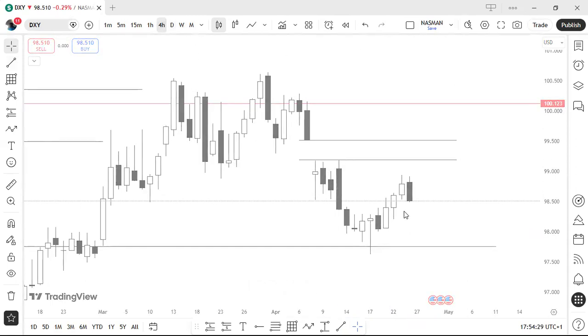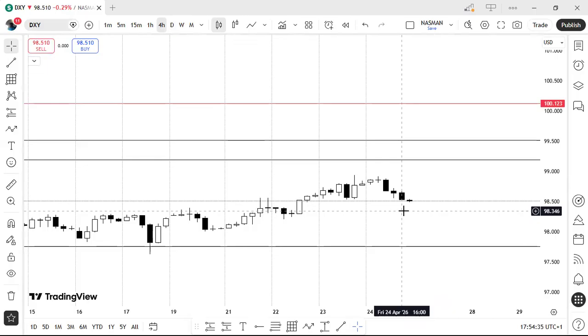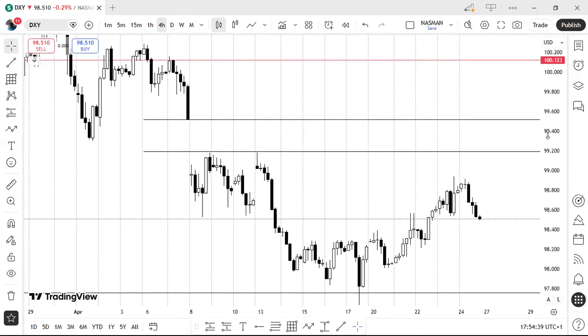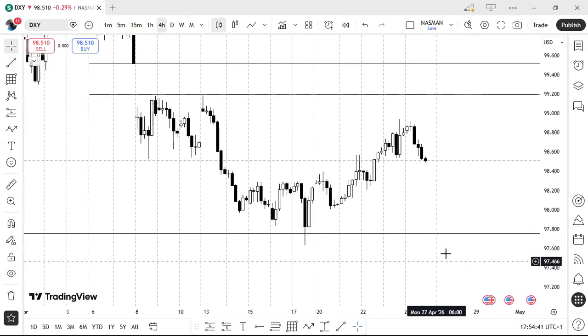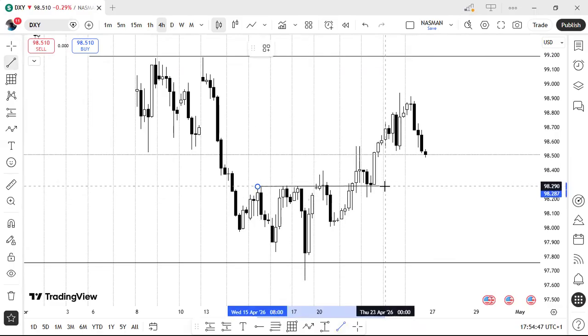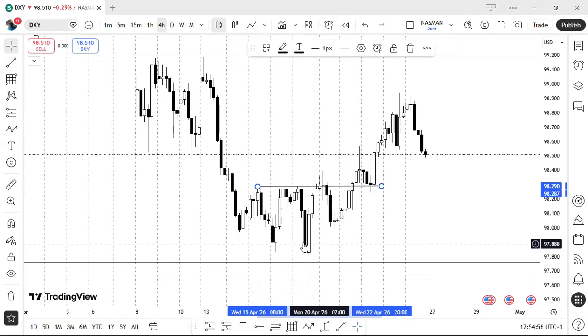And I'm seeing it as a draw on liquidity that might move price from its current position to a higher position. So from the 4-hour time frame, since price reacted from the weekly fair value gap, I was capitalizing on the opportunities that came up on the 4-hour to take my buying trades as the dollar had been bullish through the week. So we can see that the dollar broke the 4-hour high within the previous week.